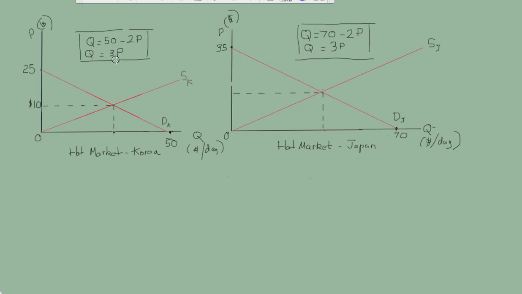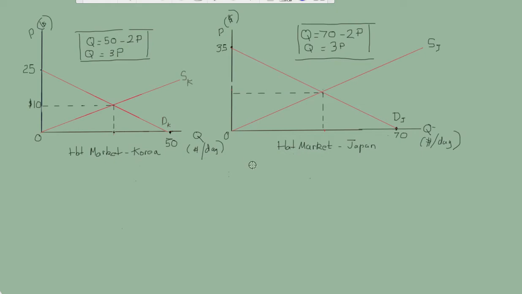And then for the supply curve, you can see that when p is 0, q is 0, so it must start at the origin, and the same is true for the other country because they have the same supply curve. And then I just picked one more point. I gave the game away. I told you what the equilibrium price is, but anyway, if we just pick one more point on the supply curve so that we can plot the supply curve.